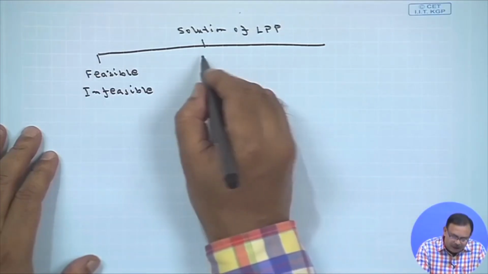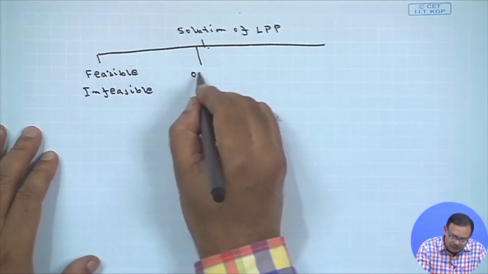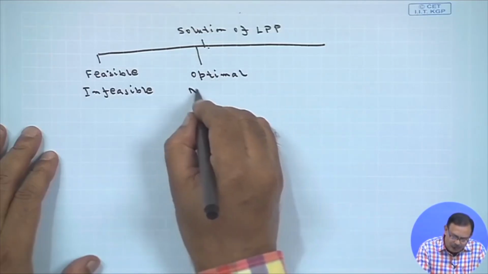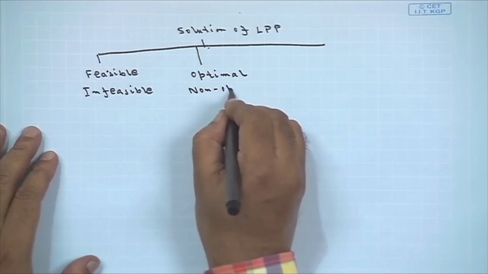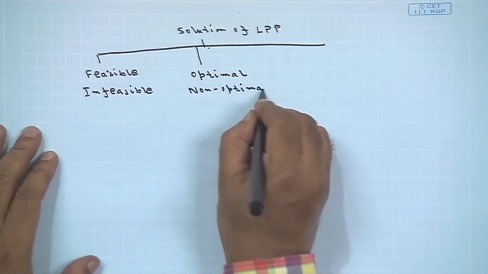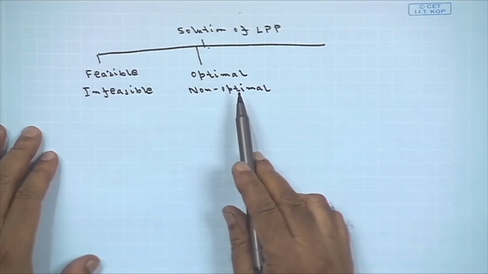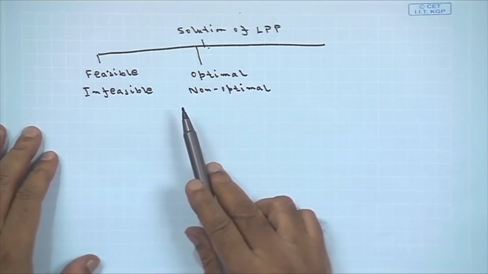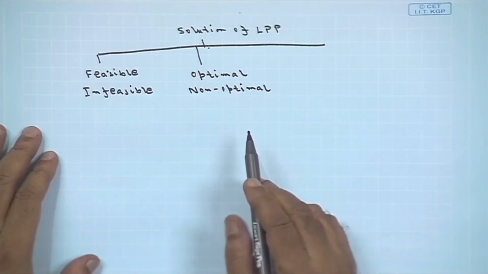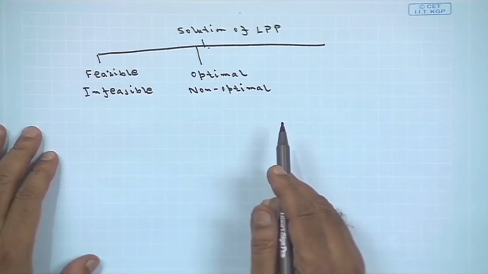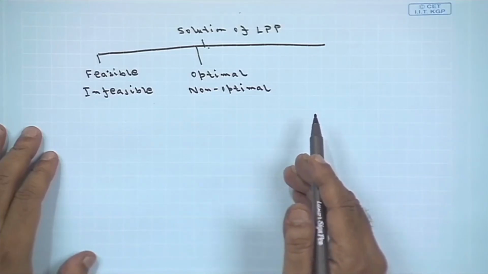Similarly, you have optimal solution and non-optimal solution. Your optimum solution is the feasible solution for which we get the optimum value of the objective function. That means you may have many feasible solutions, but out of those, all may not be optimal.